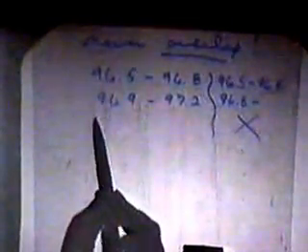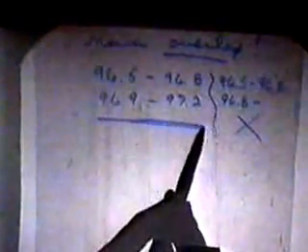The other important thing about class limits is that when you look at the class limits, they should tell you how the numbers were measured. The class limits must be to the same decimal place as the original numbers.